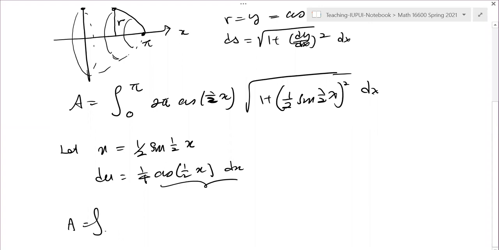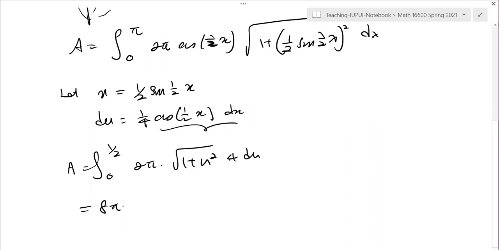So the integral, when x is 0, u is 0. When x is pi, u is just equal 1/2. It's 2 pi and the square root of 1 plus u squared, and the cosine half of x dx is just 4 du. So finally, I get 8 pi from 0 to 1/2 of square root of 1 plus u squared du.